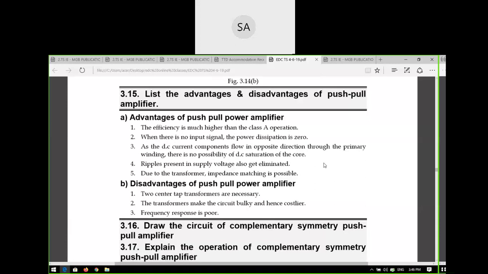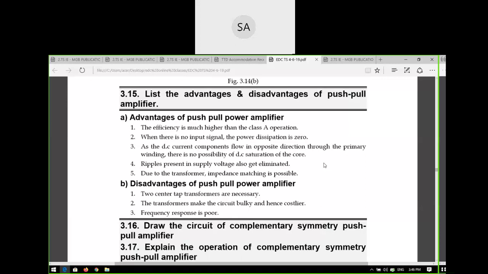What is the major advantage? Efficiency is high compared to class A. The second advantage is that no ripples are present in the supply voltage, because if ripples are there, they get eliminated by the circuit. And high transformer impedance matching is possible.